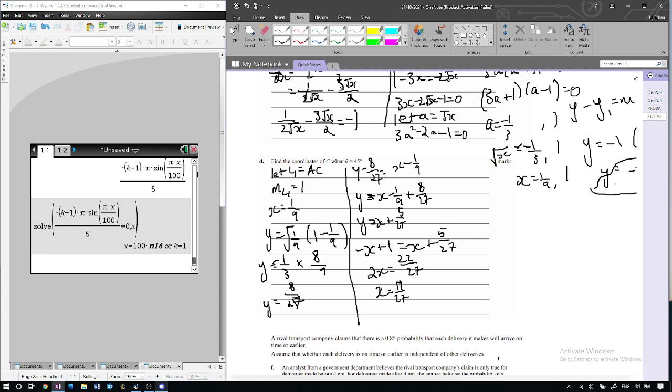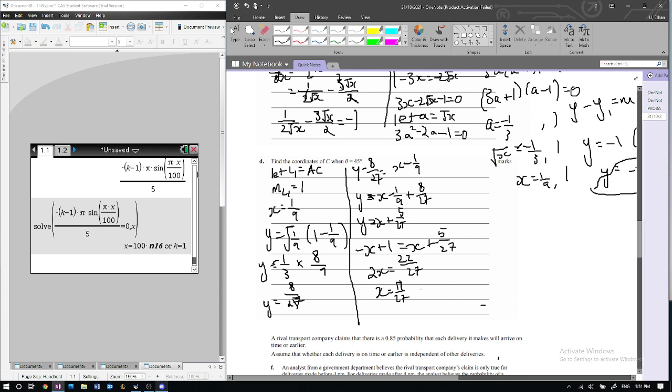I'll sub it into that one because it's easier. So y is equal to negative 11 on 27 plus 1. y is equal to 16 on 27. So that means that C is equal to 11 on 27 and 16 on 27.